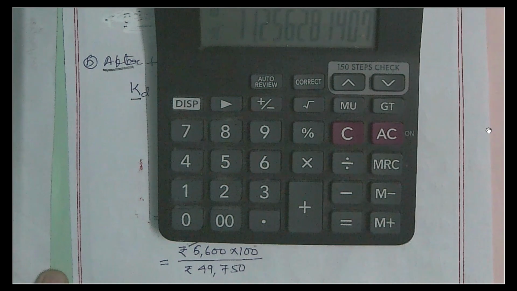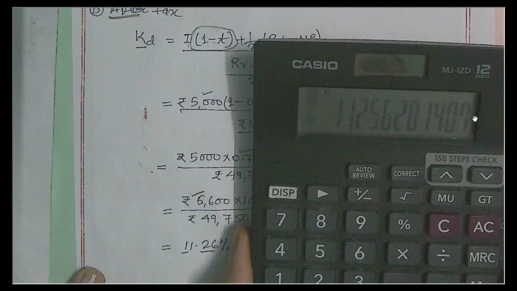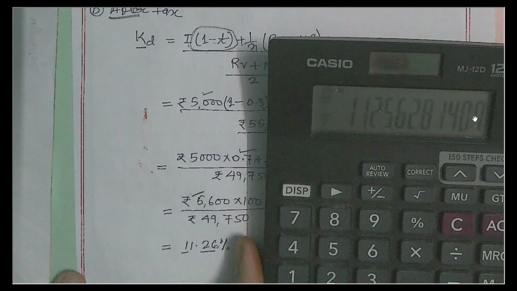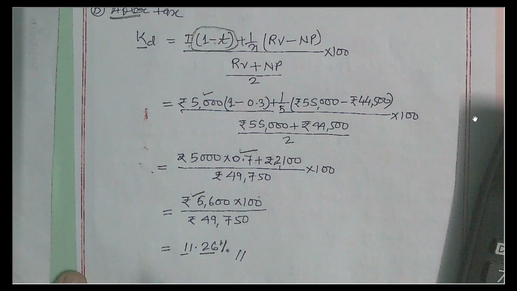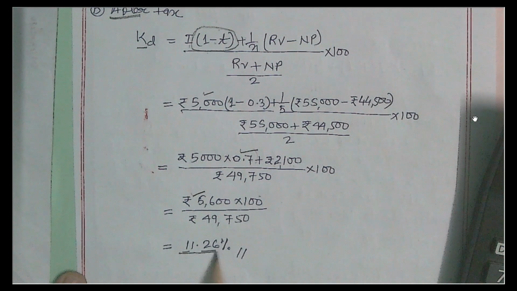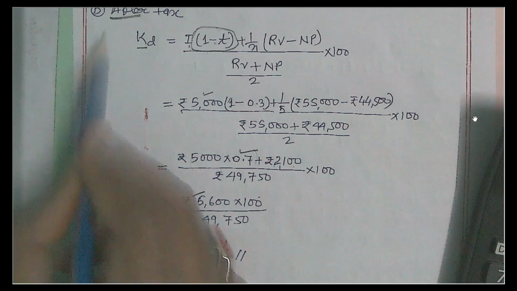This is how we calculated the cost of debenture. So this is 11.256, so 11.26%. This is the cost of debenture, or rate of interest payable to debenture holders after tax.